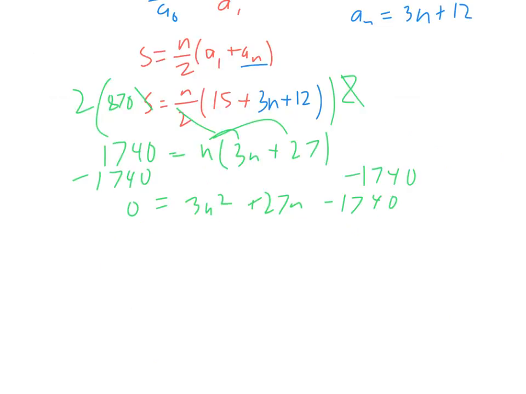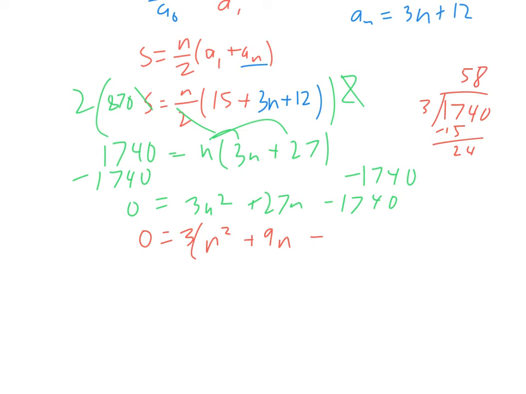All right, next thing I notice here is that these are actually all divisible by 3, so I can take out a GCF here. So make that 9n, and then minus 1740 divided by 3, $580. So now I just need to factor this inside part here.